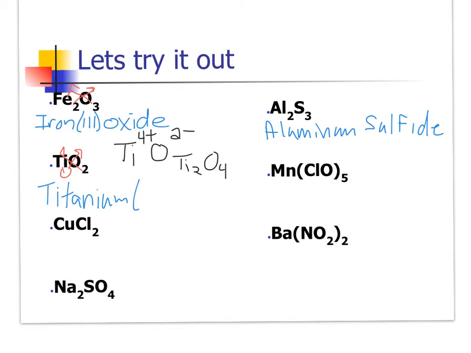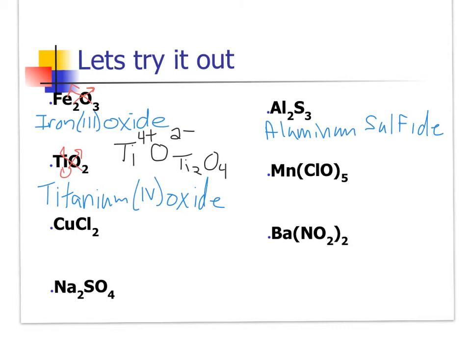But now you might be asking, why are you calling it titanium dioxide? When it actually should be named titanium 4 oxide. This comes down to the idea that there are multiple types of naming.